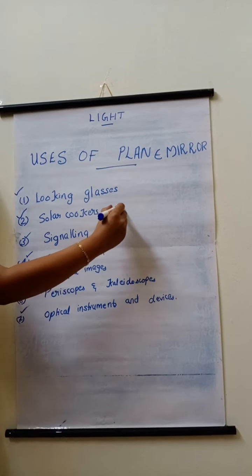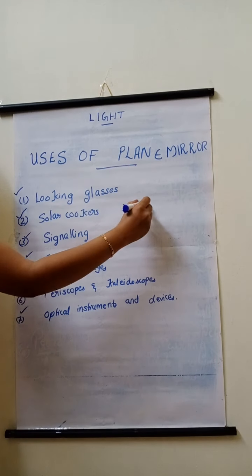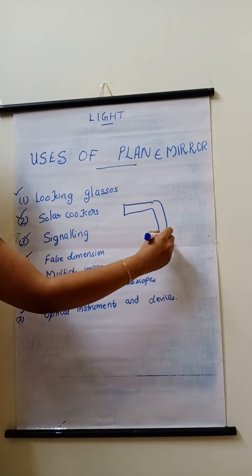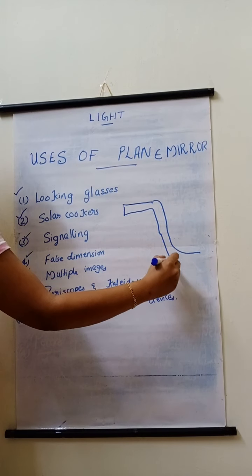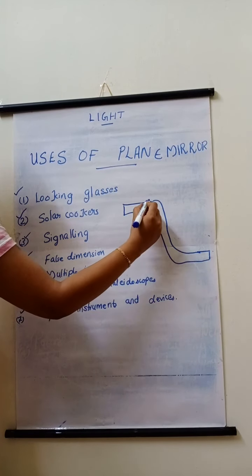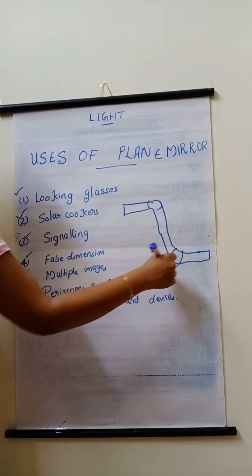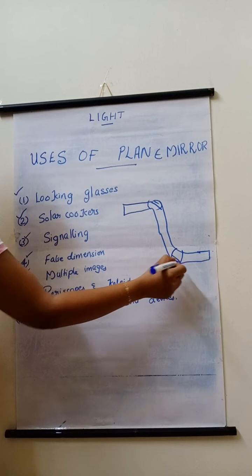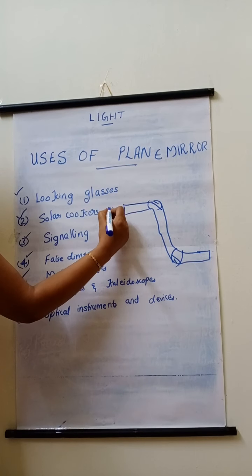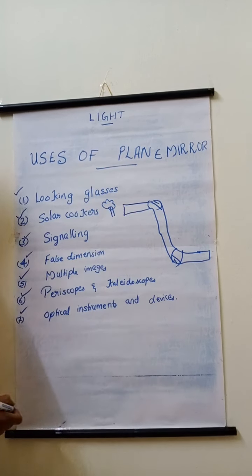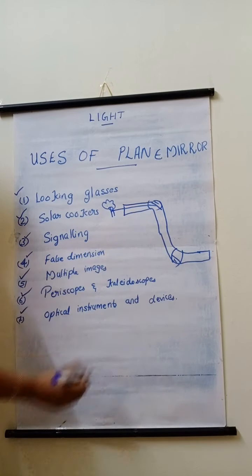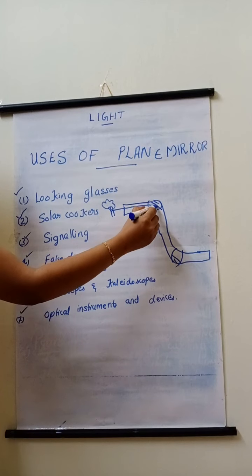A periscope will look like this. If you have a PVC pipe, you can make one on your own like this. So this is a PVC pipe. You have to connect it with a holder, and at this angle keep a mirror, and here also keep a mirror. If we are seeing an object here, the image of this object will be incident on this mirror.